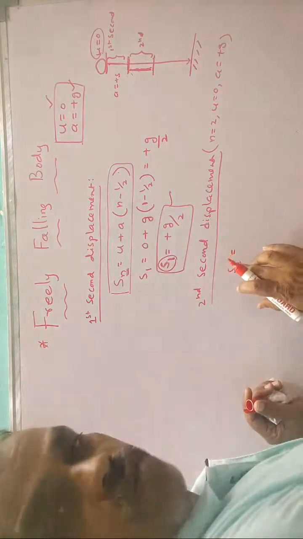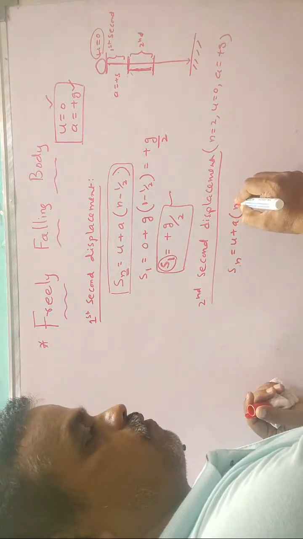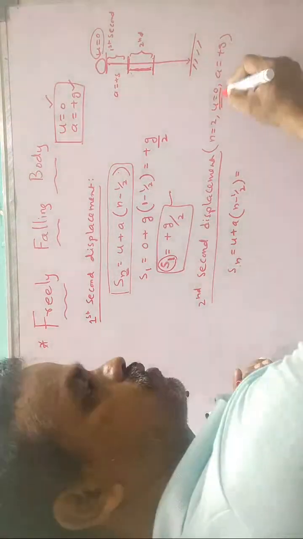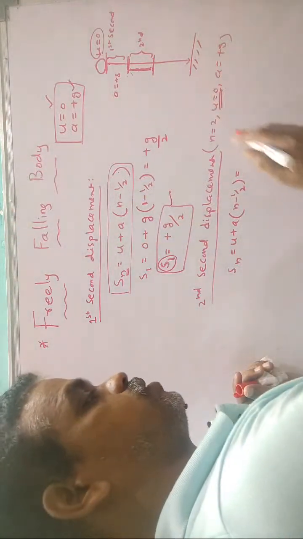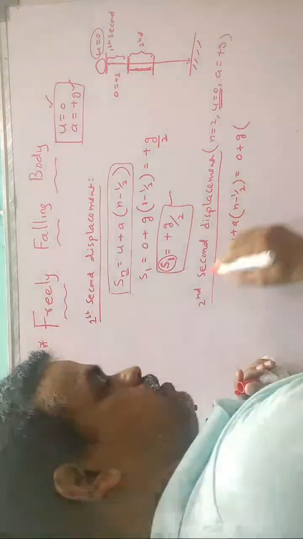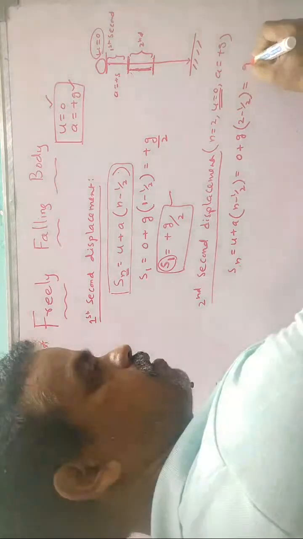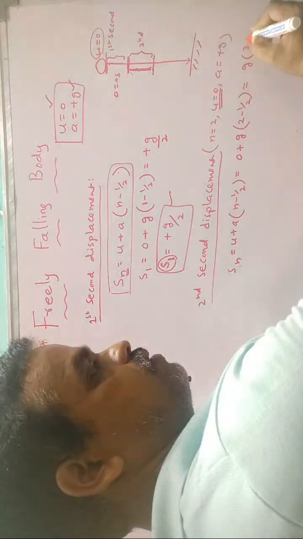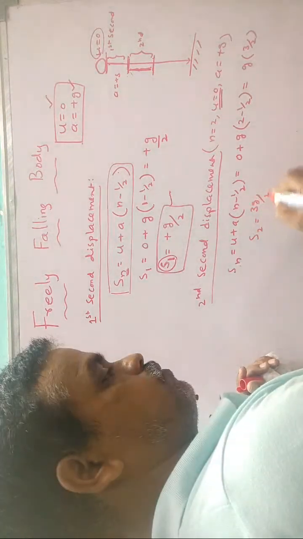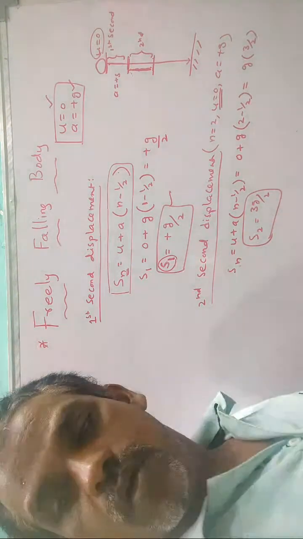We have the formula Sn equal to u plus a times (n minus 1/2). Conditions are u equal to 0 for freely falling body, a equal to g, n equal to 2: g times (2 minus 1/2), that is g times 3 by 2. So S2 will be 3g by 2.